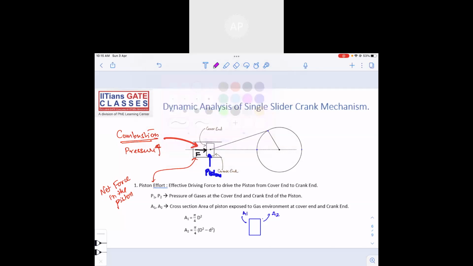Here you are going to have the piston rod. Even if there is pressure P1 on this side and another pressure P2 on this side, the effective areas on which P1 and P2 act will be different.